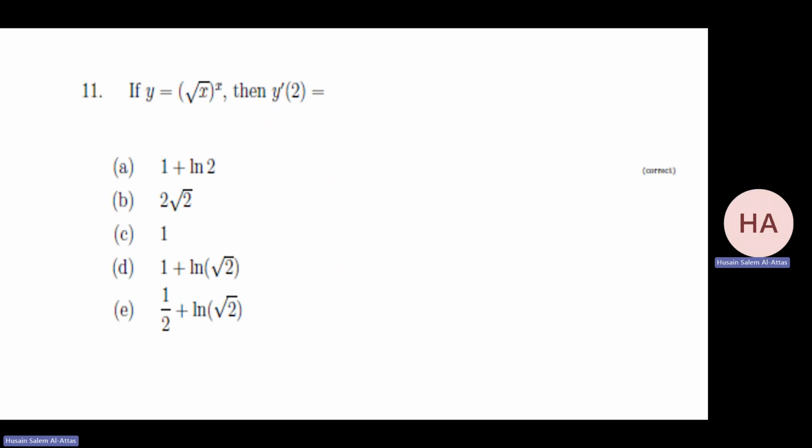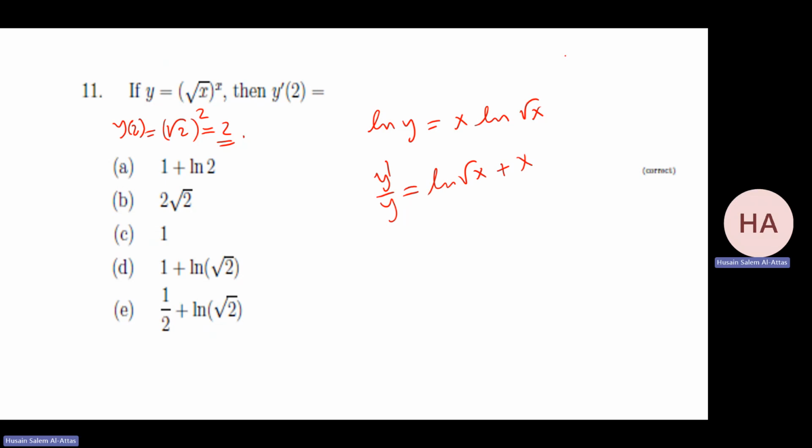We are back to these old exams. Ln y equals x ln square root of x. Differentiate, y prime over y. By the way, what is y at 2? It will be root 2 all squared, which is 2. It will be ln square root of x plus x. Note, ln square root of x is half ln x. So what's the derivative of this? Times 1 over 2.